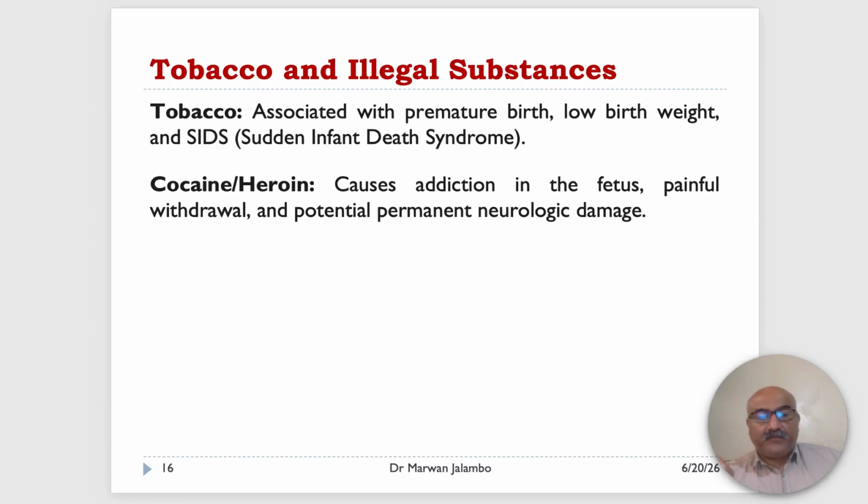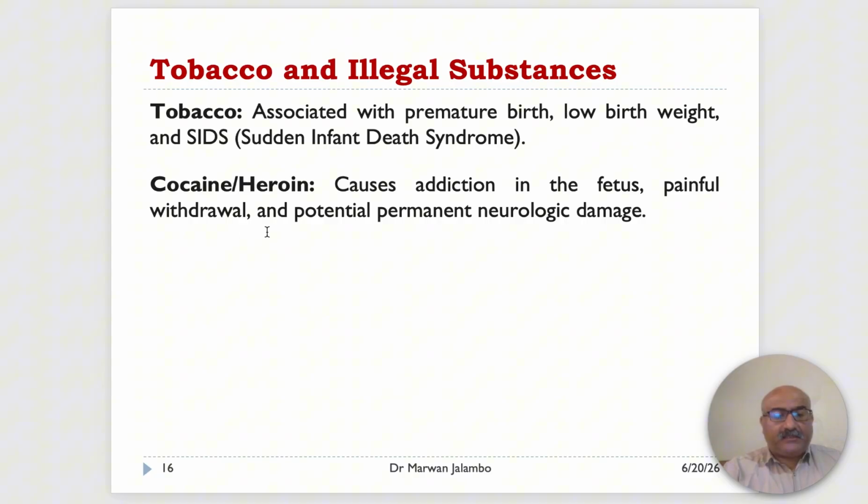Other common recreational and illicit substances also disrupt fetal development. Smoking tobacco restricts oxygen to the fetus, leading to premature birth, critically low birth weight, and a drastically increased risk of sudden infant death syndrome.